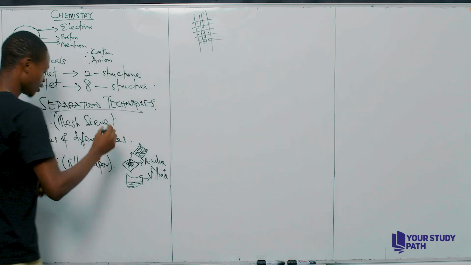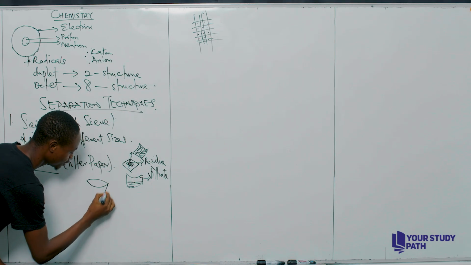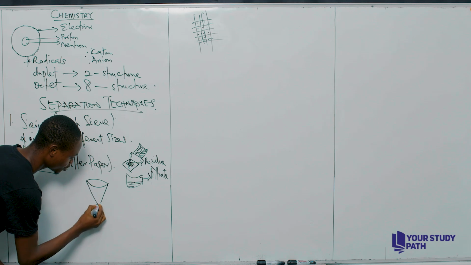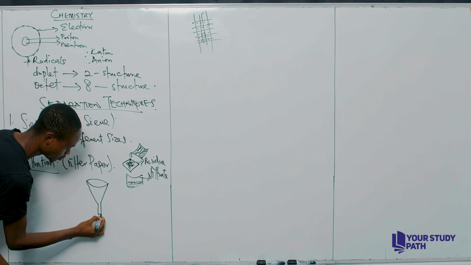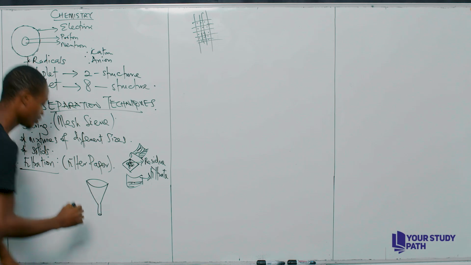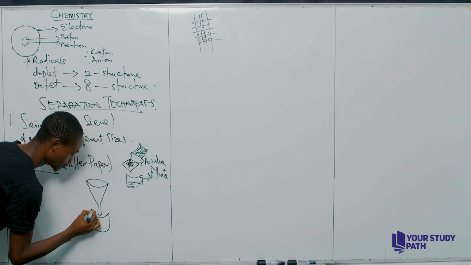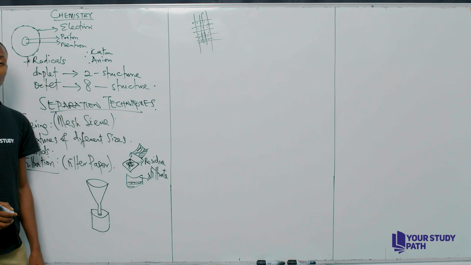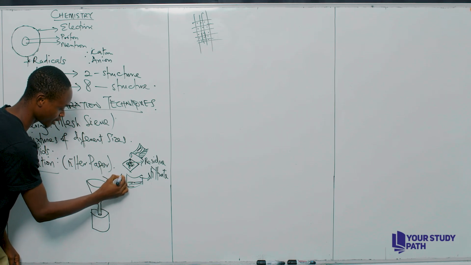For instance, let's say you have this as your funnel structure. This is the hole that comes down through the funnel. You have your beaker here. And then here, you are pouring in your solution as expected.